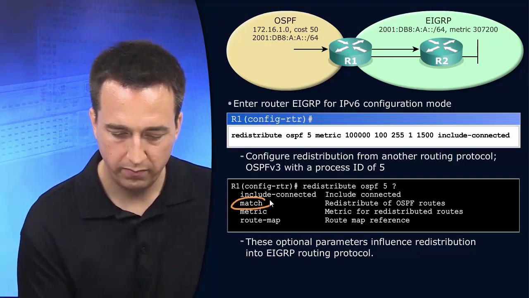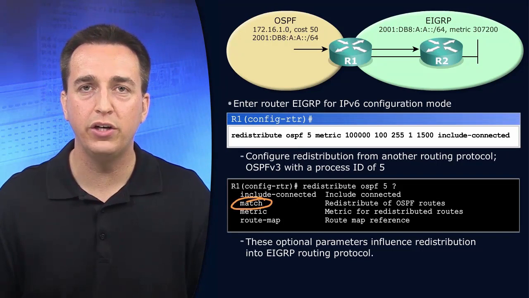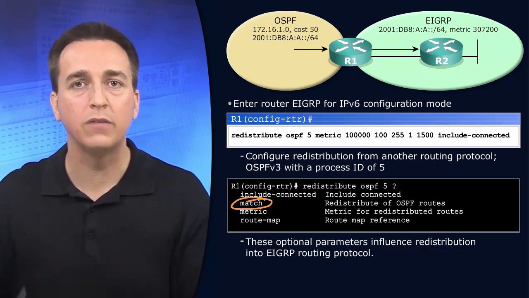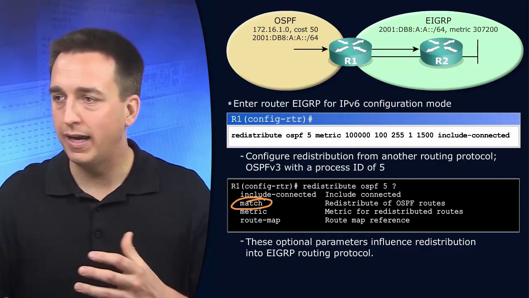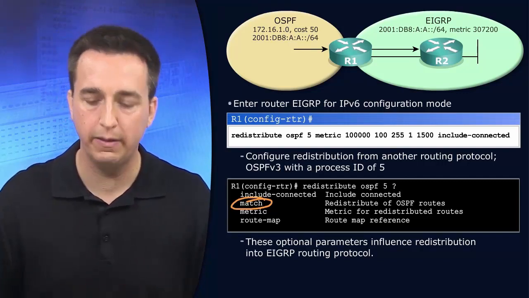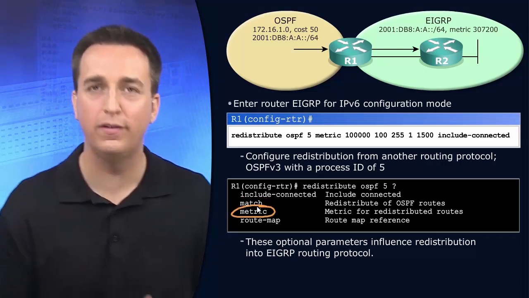Match. Just like we saw with EIGRP for IPv4, we can match specific OSPF routes. We can match internal, external, intra-area, inter-area. We have to specify a metric.